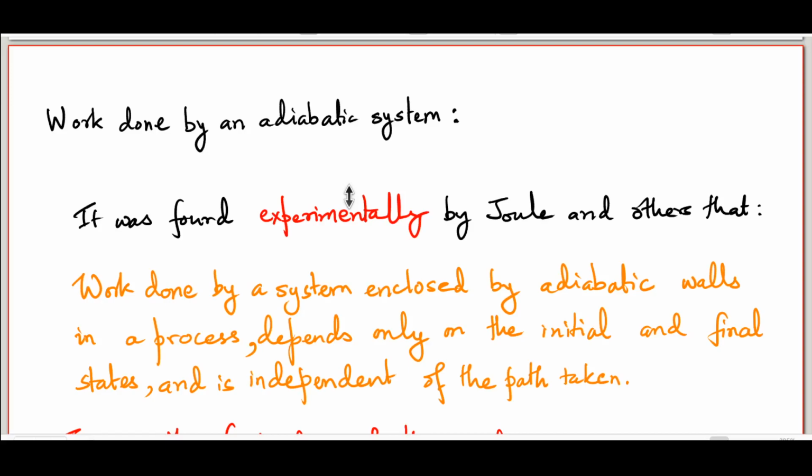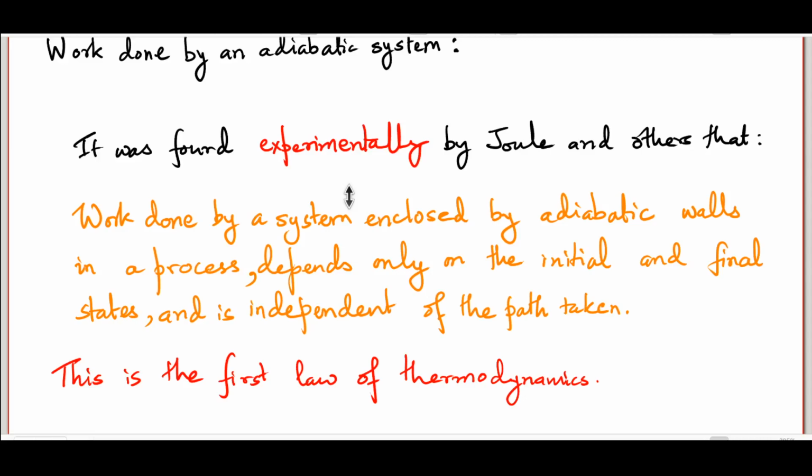Now, this is exactly what we call the first law of thermodynamics. That may seem like a bit of a shock to many of you who have studied thermodynamics before, basically because the common form in which the first law is stated involves a relationship between internal energy, heat, and work. Here we can see no such thing. But let me assure you that this is exactly the logical statement of the first law of thermodynamics.